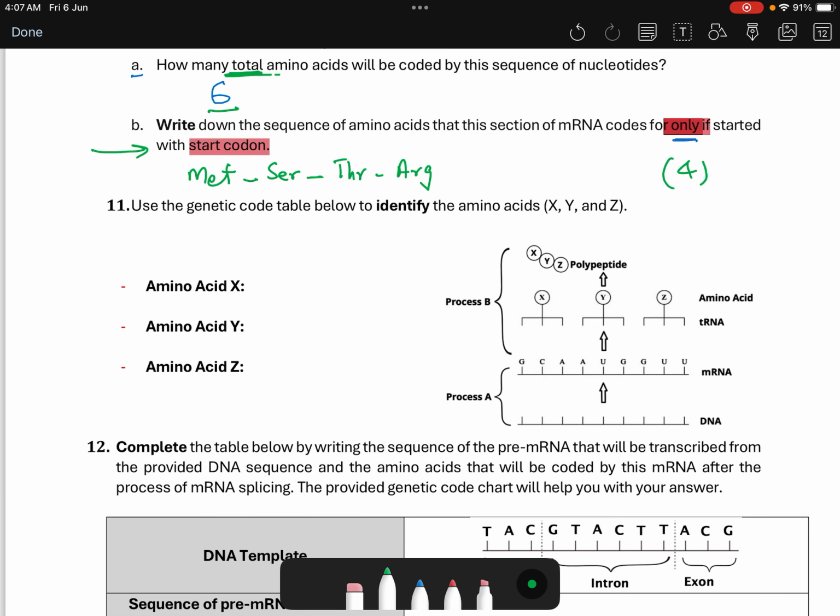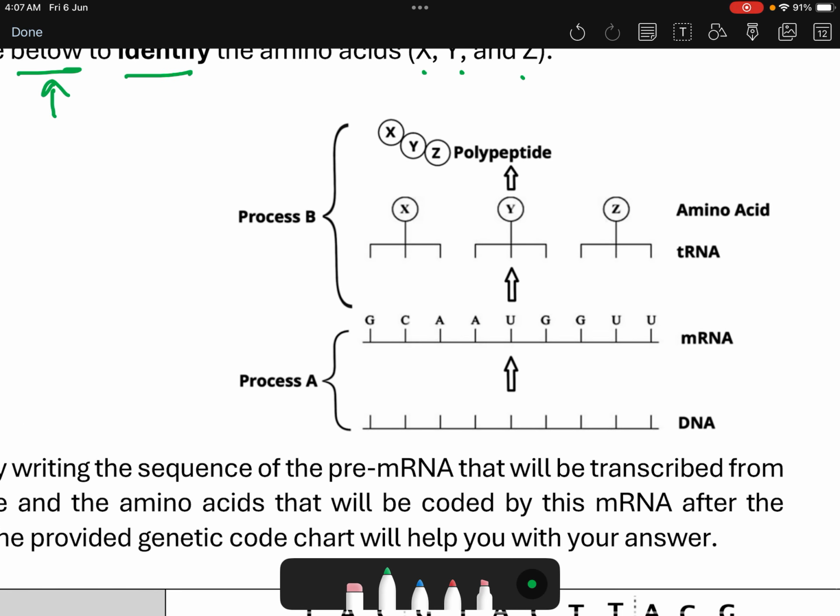Use the genetic codon table above to identify the amino acids X, Y, and Z. So how do you do X, Y, and Z over here? This is the codon for X, this is the codon for Y, and this is the codon for Z. You can name them as per the table.